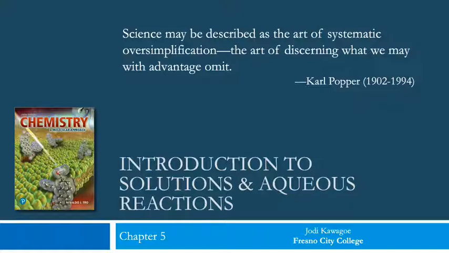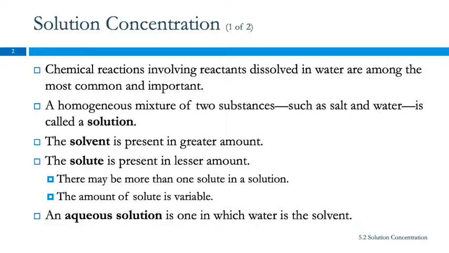So this chapter is about solutions and aqueous reactions. Chemical reactions occurring in a solution are very, very common. Often those are dissolved in water. On Monday we did a chemical reaction where the reactants were dissolved in methanol, and the reaction occurred when you heated that solution.